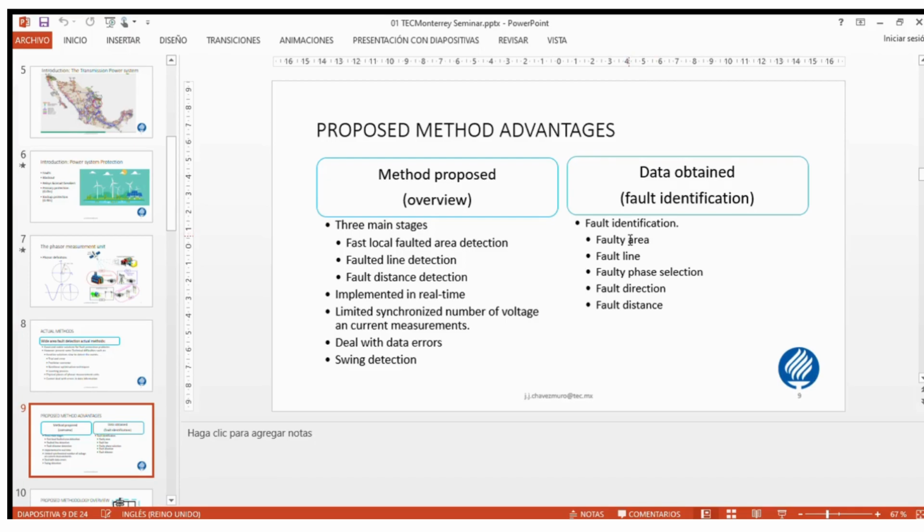So we want to identify the faulty area, the faulty line, the faulty circuit. I mean phase A to ground, or B to ground, C to ground, or between them, etc. This is the phase selection. We want to know the direction of the fault, and we want to know the distance of the fault from the nearest devices. Good.